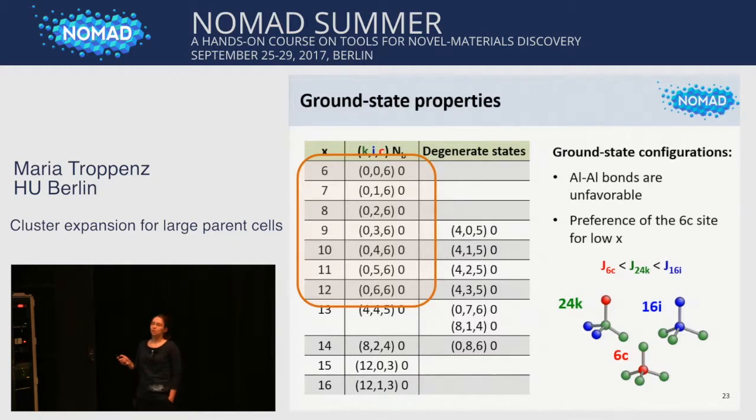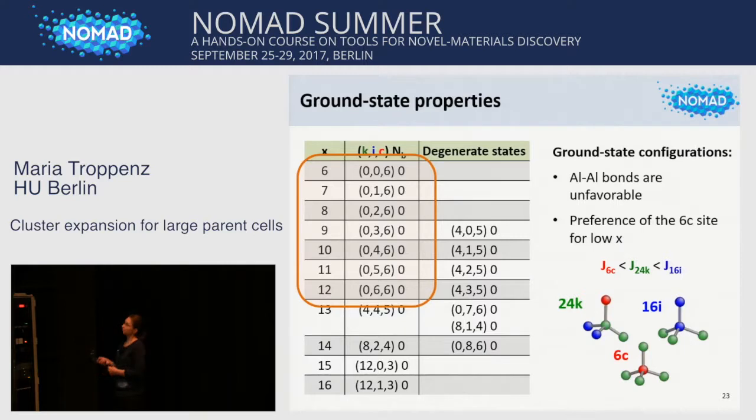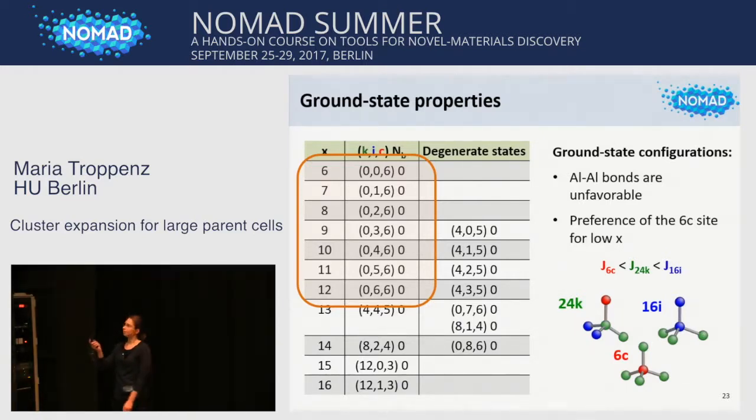But the 24k site cannot be occupied, since all 24k sites have a 6c site as neighbors. So that would introduce a bond in our structure, but bonds are avoided due to our nearest neighbor interactions. So the bond has to be avoided, and it's energetically preferable to occupy the 16i site.